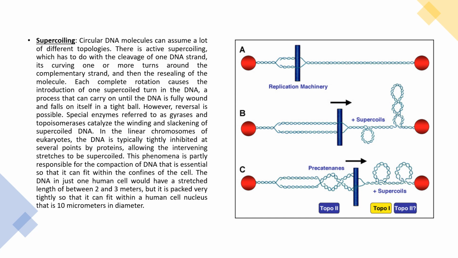The DNA in just one human cell would have a stretched length of between 2 and 3 meters, but it is packed very tightly so that it can fit within a human cell and nucleus that is 10 micrometers in diameter.